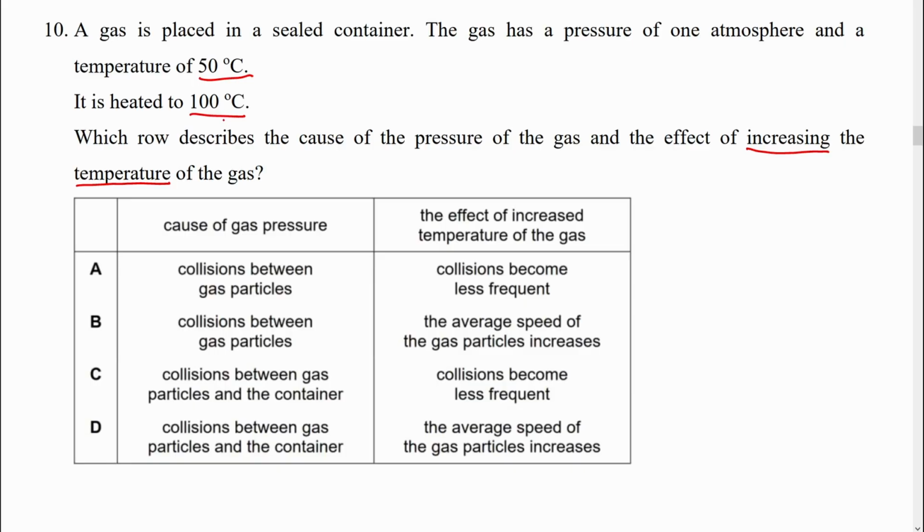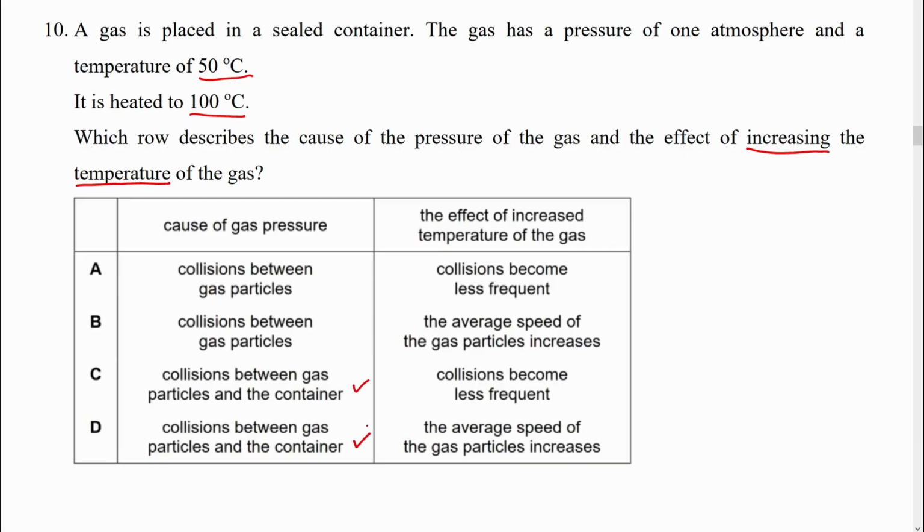An increase in temperature will also increase the kinetic energy of each particle, so the gas particles move faster, impacting the container's wall more frequently. The pressure that a gas creates inside a closed container is produced by the gaseous particles hitting the inside walls of the container. The cause of gas pressure here is going to be the collisions between gas particles and the container, right?